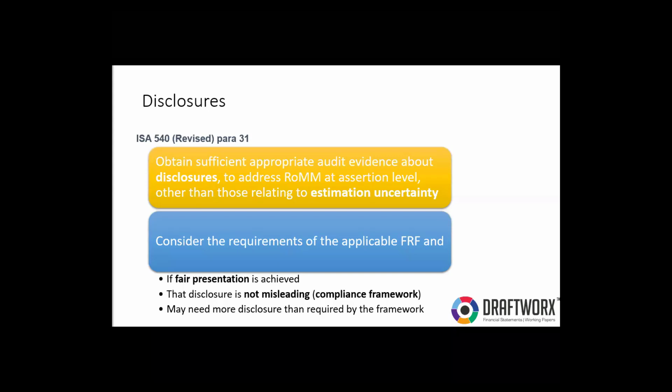And then it's important that we as auditors make sure that we obtain sufficient appropriate evidence about these additional disclosures as well. Obviously, you need to consider the requirements of the financial reporting framework, and you must make sure that these disclosures still achieve fair presentation, that it's not misleading, whether maybe more information needs to be disclosed in addition to what's required in terms of the reporting framework.